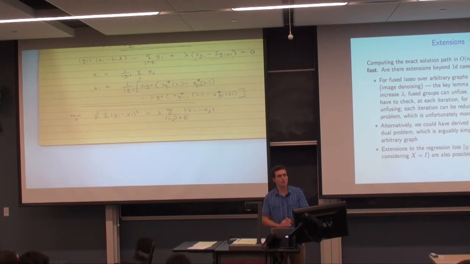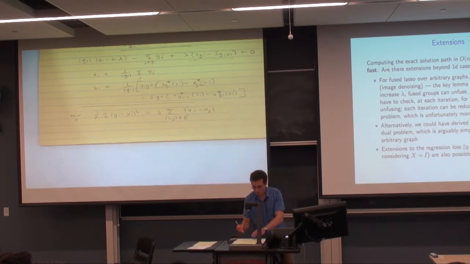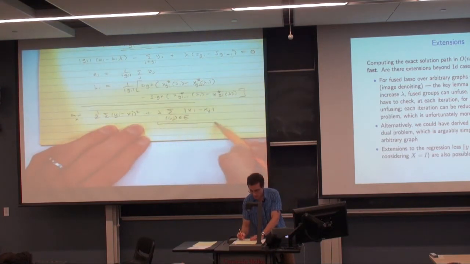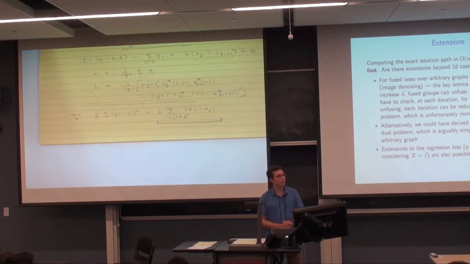I find that counterintuitive, because lambda is the weight we put on the penalty term. We're penalizing any difference between a component and its neighbor with respect to this graph. So if they are equal and we increase the weight on the penalty, you'd expect them to still be equal. But it can be the case that at the solution they become unequal, or unfuse.